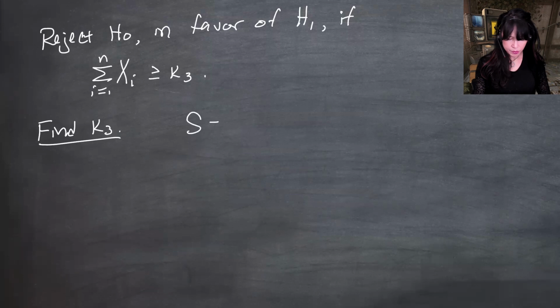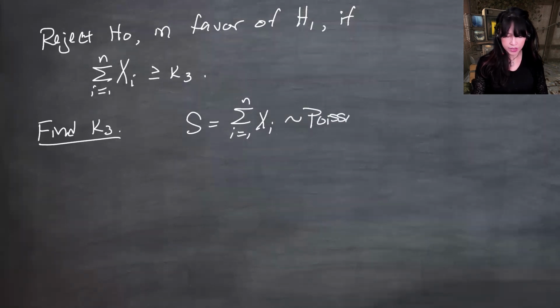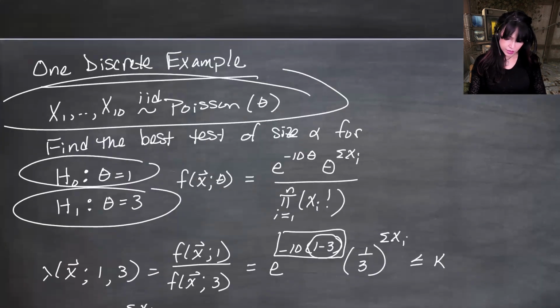I'm going to let S be the sum as i goes from 1 to n of the xi, and the sum of IID Poissons is again Poisson with parameter n times the original parameter. So alpha, did I give an alpha? I didn't give an actual alpha, but since everything else has actual numbers, let's use 0.05.